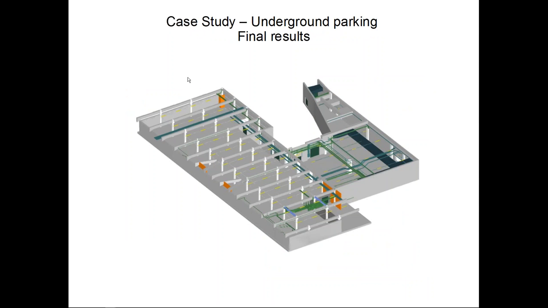As you can see, after we gathered the scan data, we generated the architectural part of the building, we generated the structural part and the piping. All that happened with the help of ClearEdge software.